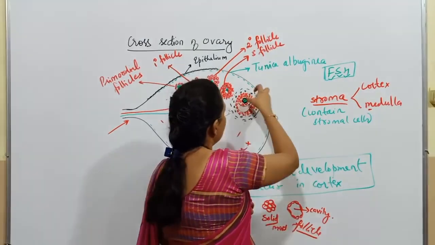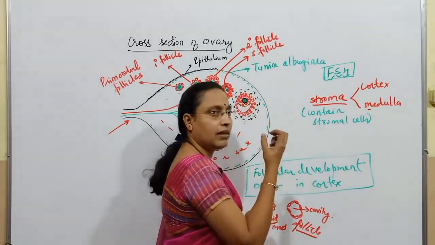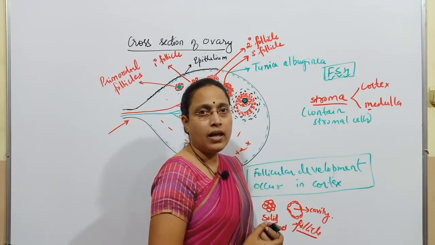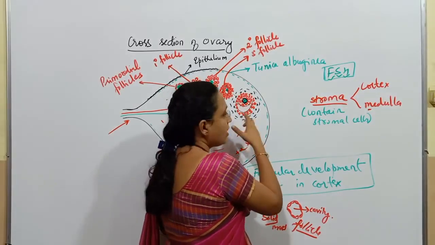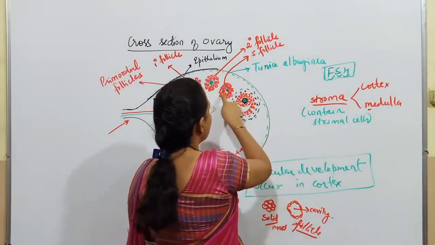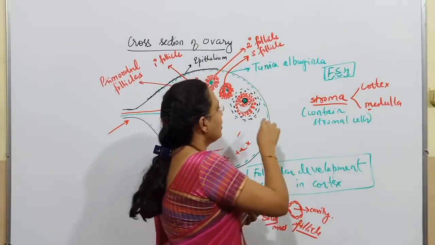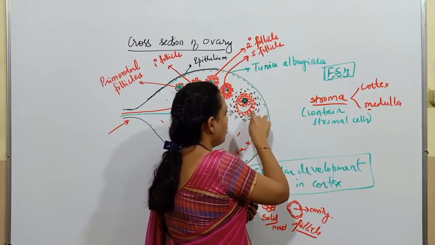See, so many cells are surrounding the egg. So this one here, the exact egg cell, is called the egg proper, and it is surrounded by a membrane called zona pellucida. Then follicular cells, or you can now call them granulosa cells. Since the number of layers has increased, we can now use the word granulosa cells. Therefore this layer which forms a membrane here is the membrana granulosa.